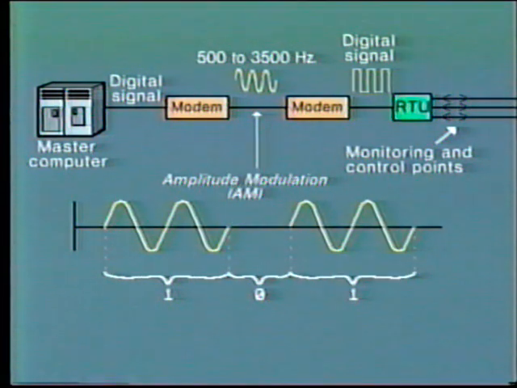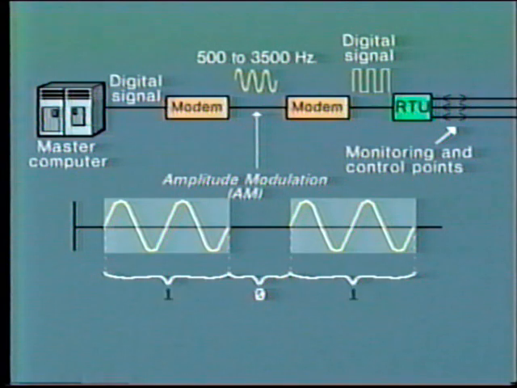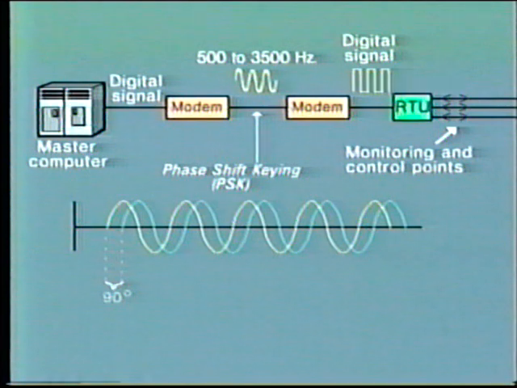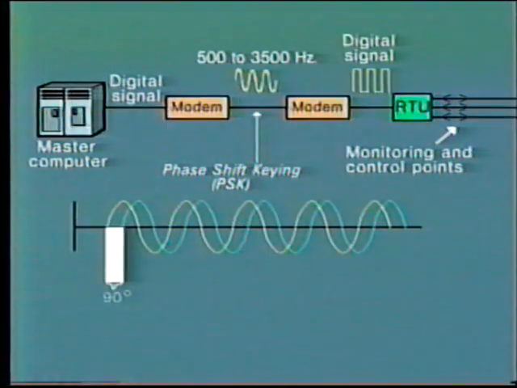Another method uses AM, amplitude modulation. In this case, the AC signal for a few cycles represents the digit 1, while no signal represents the digit 0. In yet another arrangement known as PSK, phase shift keying, the phase angle of the signal is shifted to indicate a specific arrangement of digits.